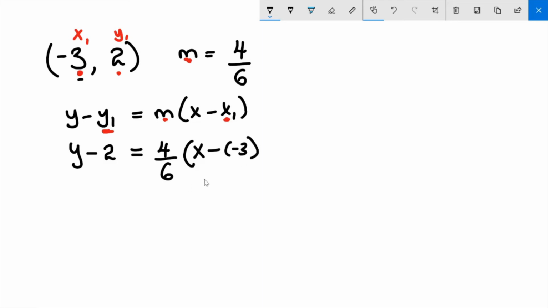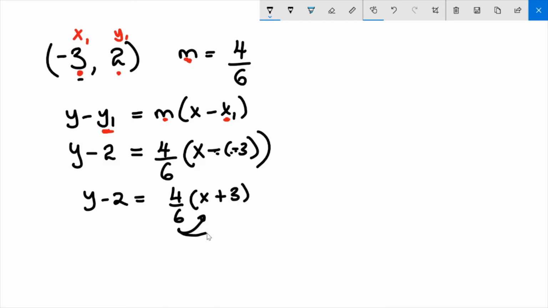So y minus 2 equals, now this negative and negative cancel out to get a positive, 4 over 6 x plus 3. And then we distribute. So that comes to y minus 2 equals 4 over 6 x plus, now if you multiply 4 over 6 times 3, you'll get 4 over 2, which is just 2.